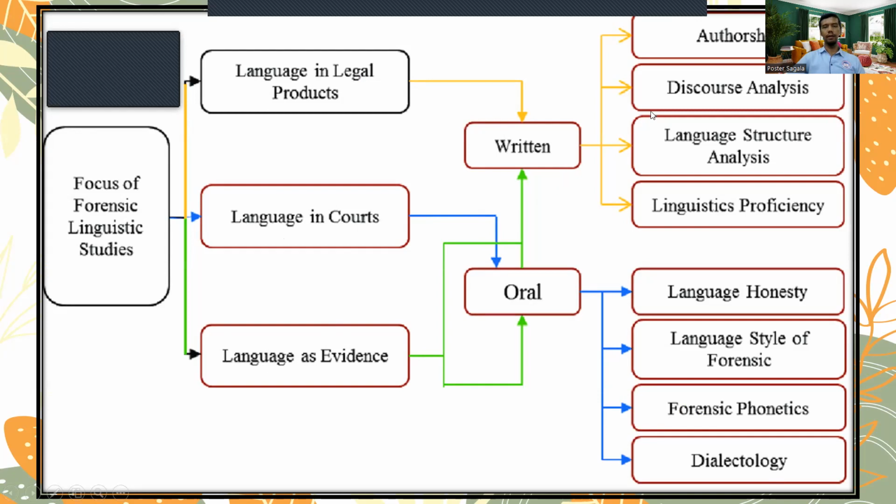As written here, written production is related to authorship, discourse analysis, language structure analysis, and linguistic proficiency. Oral production is related to language honesty, language styles, forensic phonetics, and dialectology. So here is the mind mapping for forensic linguistics.